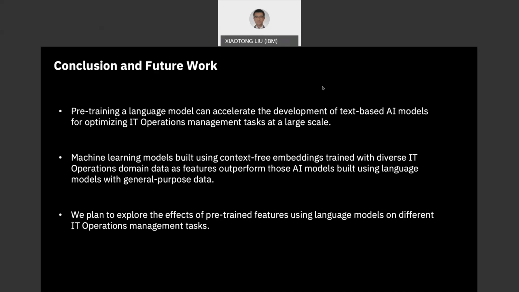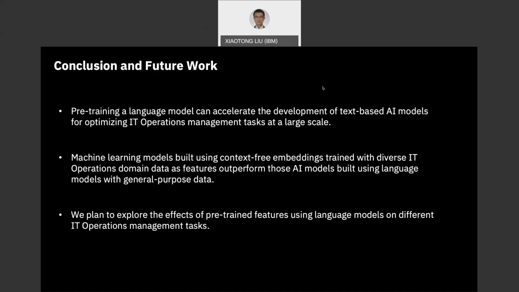We present the empirical results on the prediction accuracy of our log anomaly prediction model using language models as features in the IT operations production environment. We show that machine learning models built using context-free embeddings, trained with diverse IT operations domain data, outperform those AI models built using language models with general-purpose data.